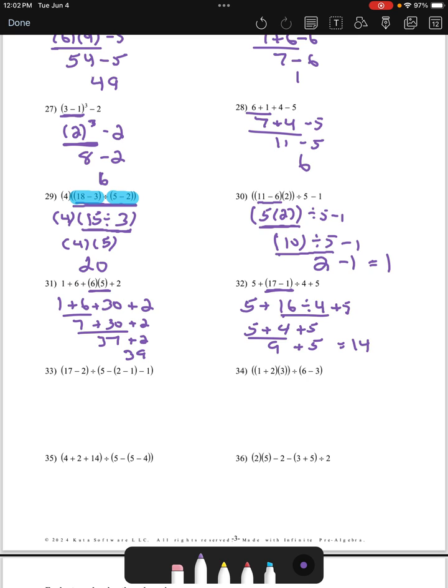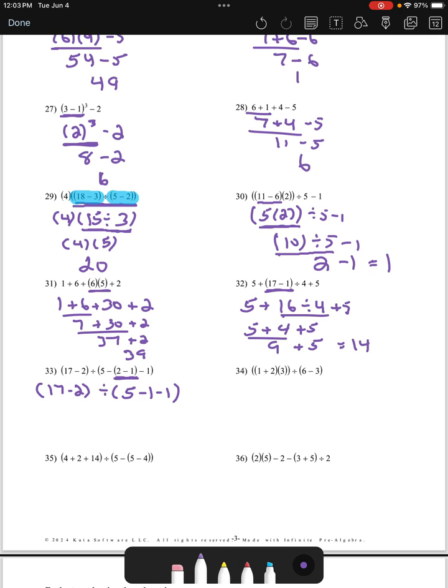Okay, in 33, nested parentheses first. So this 2 minus 1 that's way inside. Now, I do have two sets of parentheses. They both tell me to do stuff inside of them. They're separated by a division symbol.